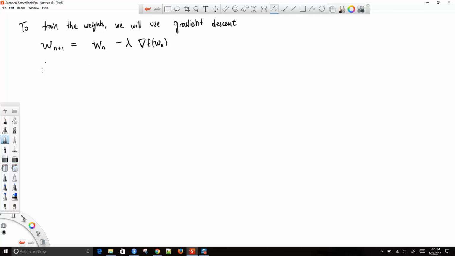Okay, so again, we have our loss function, which is effectively going to be the sum of squared residuals.